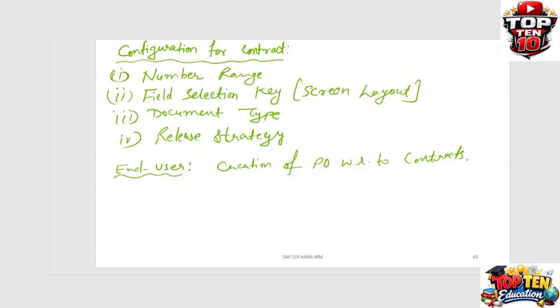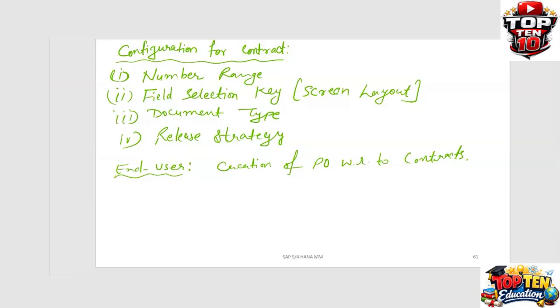Material 90050. How many quantities? 1000. Enter. So this information, the price, tax code, under delivery tolerance, reminders. Where is this information coming from? It is coming from the purchasing info record.